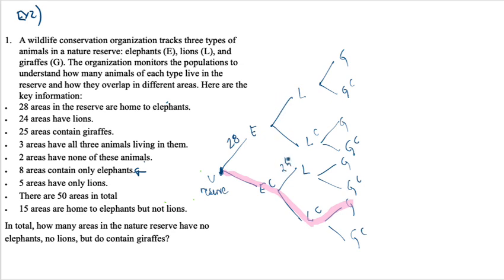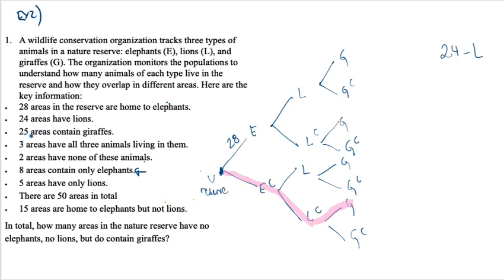No. Why? Because I don't have a single path to lion. Lion will be a composition of people that are in lion and in E, and that are in lion and not in E. So I have to account for these 2 paths. I can call them X, Y, whatever, but I'm going to put here aside that lion is 24, okay?